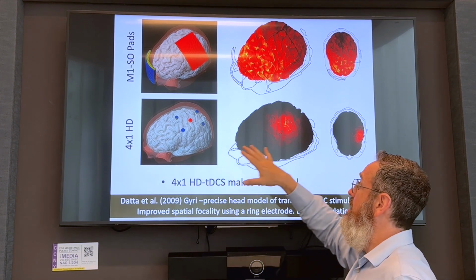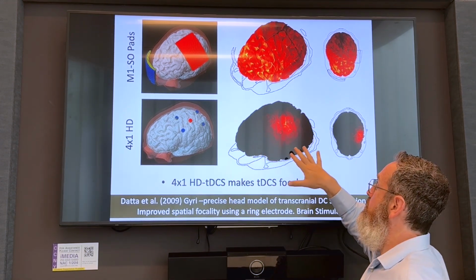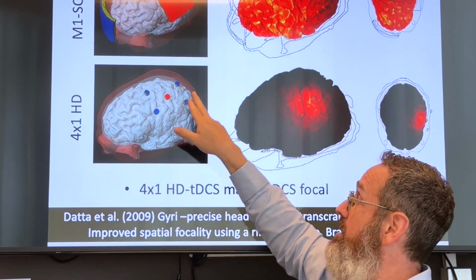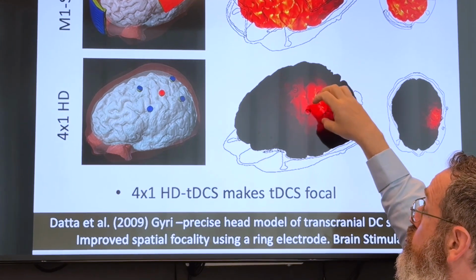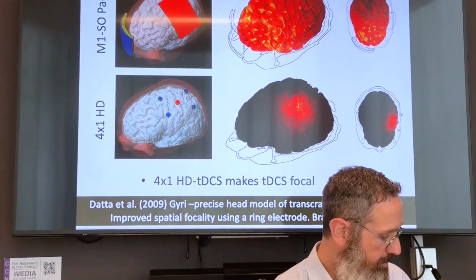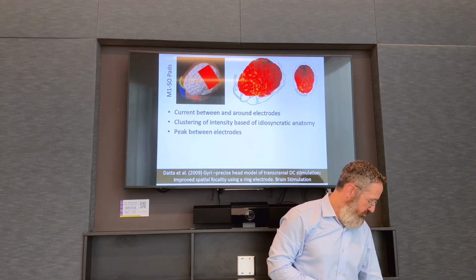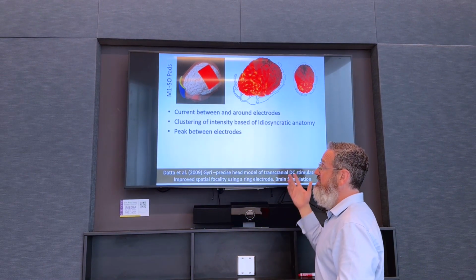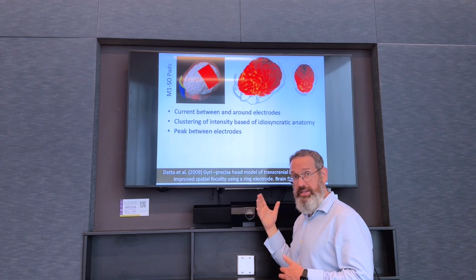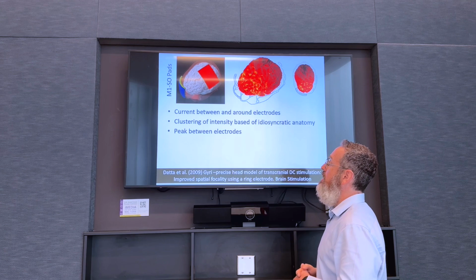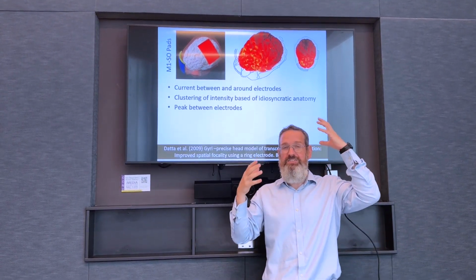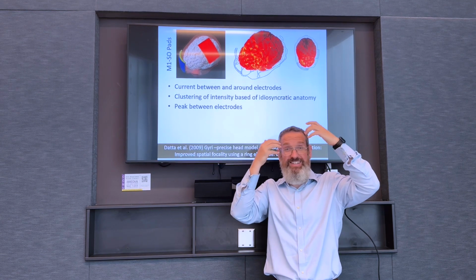In contrast, the 4x1 montage produces a focal current flow. It has one center electrode and four outers, and the region of spread is actually controlled by the position of the four outer electrodes. At the time, actually, this was considered a rather controversial finding. Now I think it's pretty well established that when you use two large electrodes, the current doesn't just flow under them and doesn't exist in between.